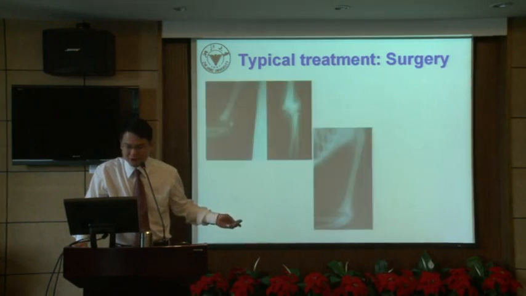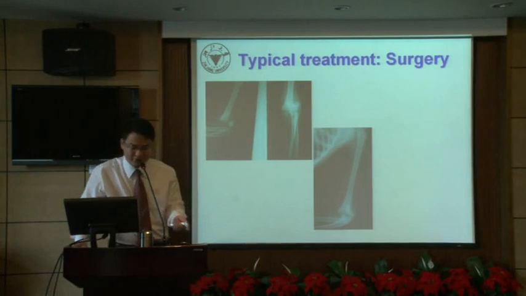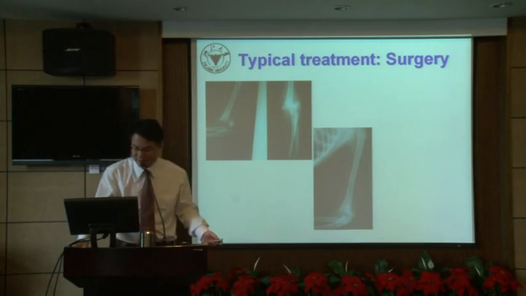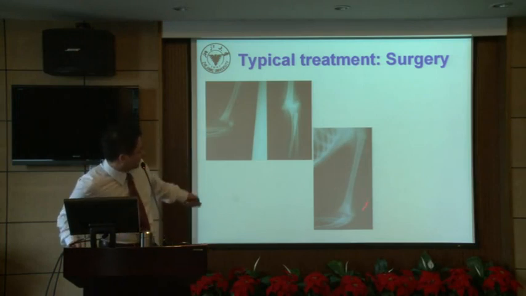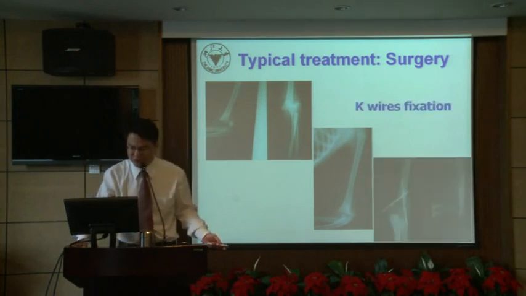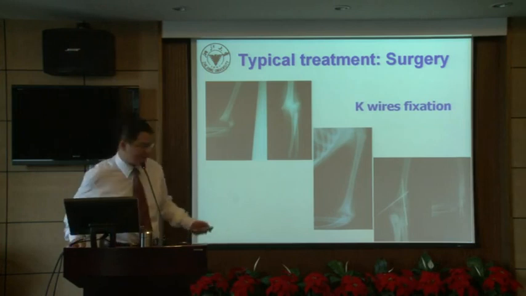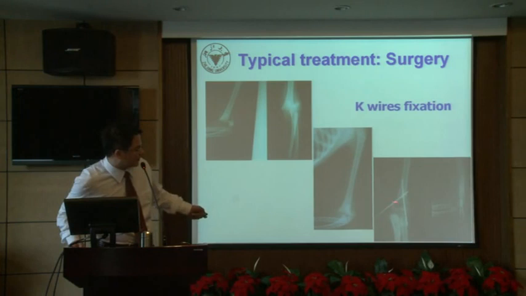Typical treatment is surgery. Here is the case, an anterior displaced fracture of the supracondylar humerus, and here is another case. Usually, fractures at this site are quite unstable, and we prefer surgery which uses K-wire fixation like this, as it more commonly happens in kids.